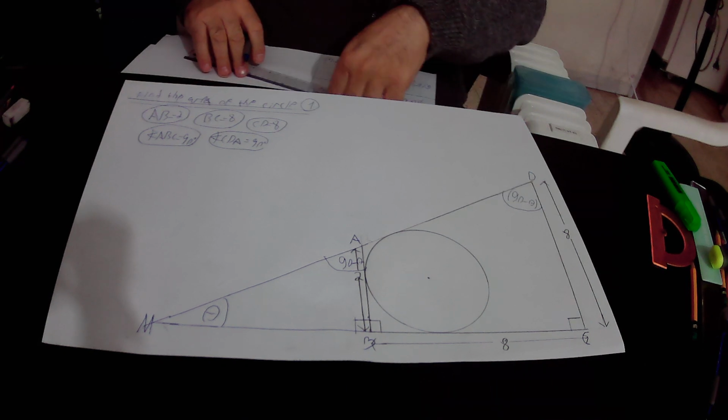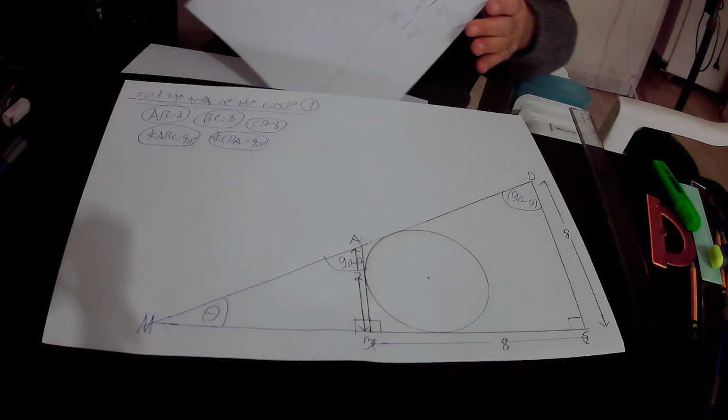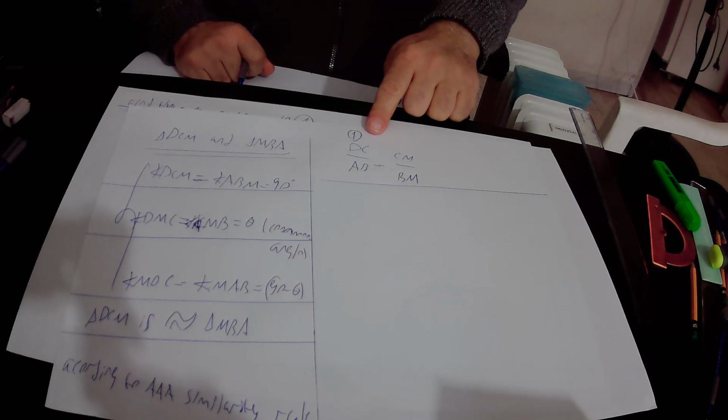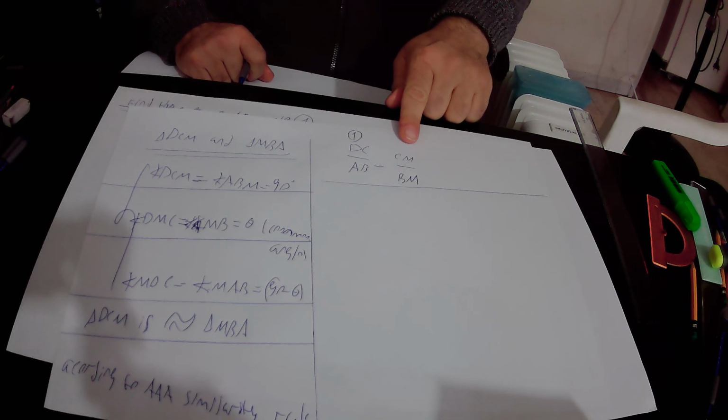Repeat again. We derive that DC over AB equals CM over BM.